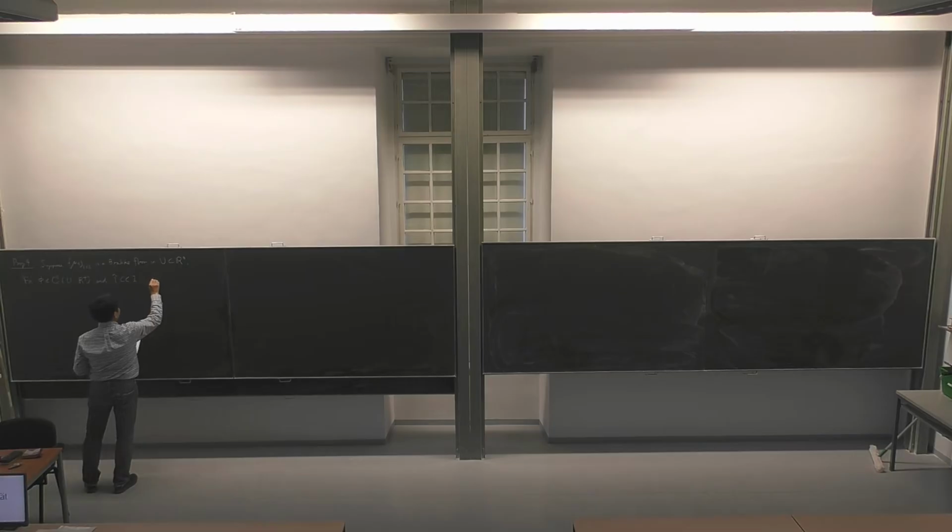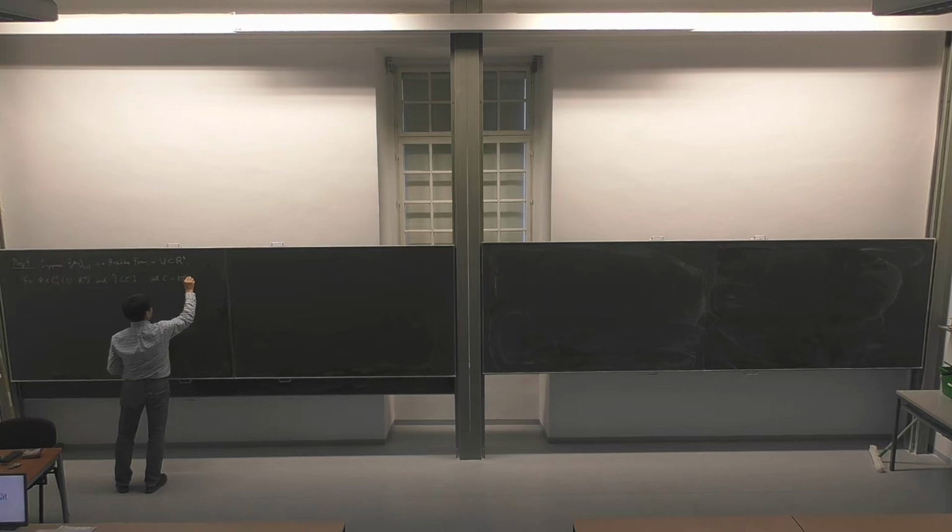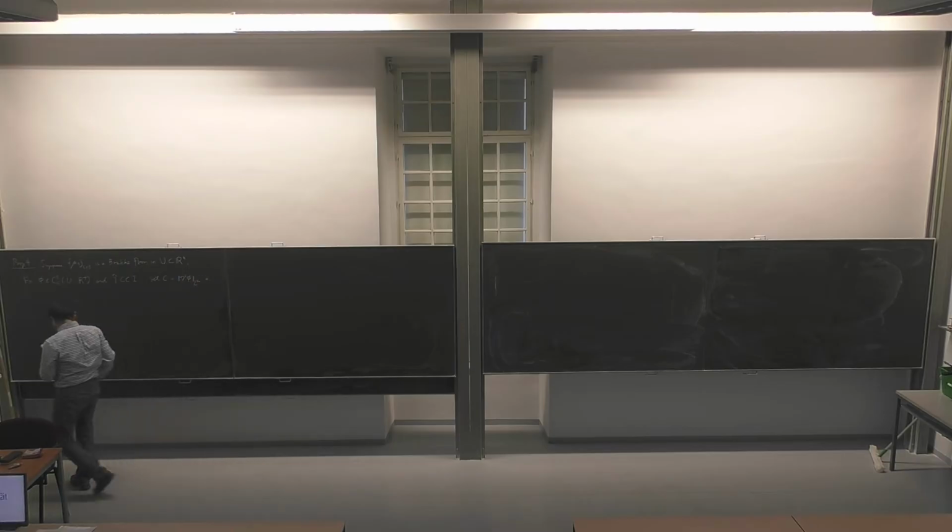Set this constant C to be the supremum of the second derivative of phi at infinity times the supremum over t in T tilde of mu t of the support of phi. Okay, so that's just a number.